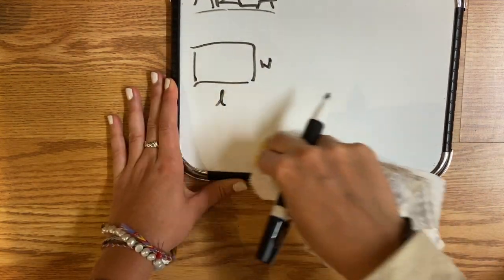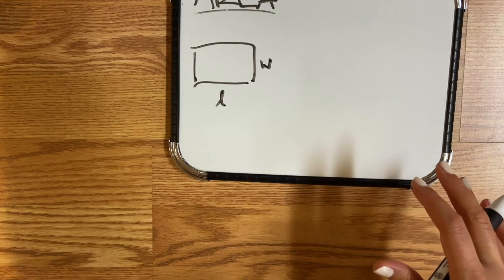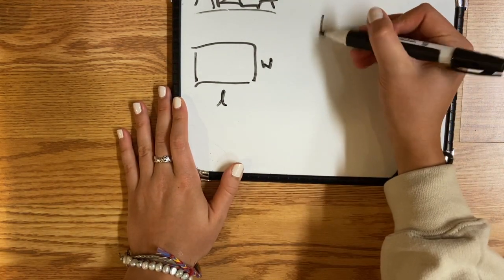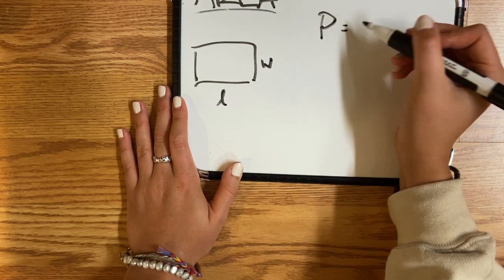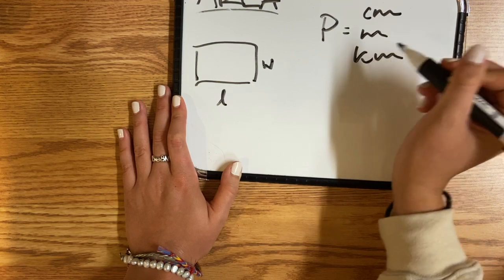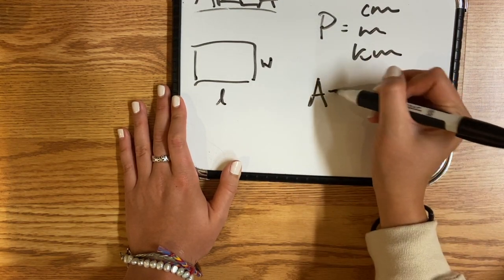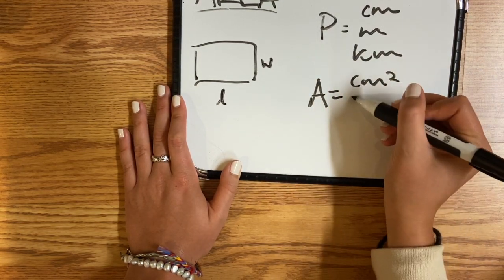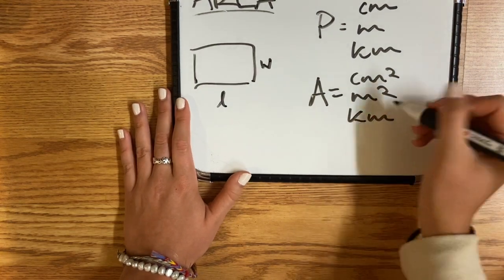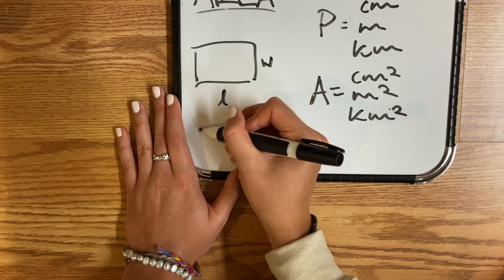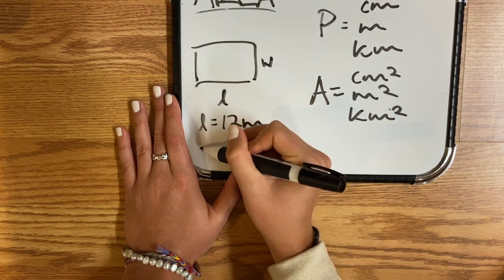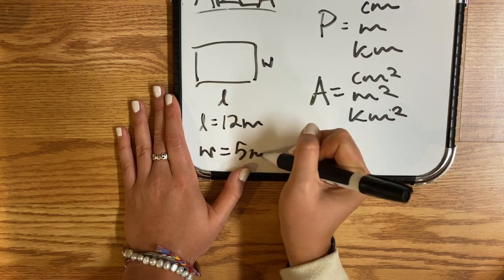One thing I do want you to keep in mind though, when you are finding the area of something, or the perimeter for that matter, perimeter will always be centimeters, meters, kilometers, however much. The area will always be centimeters squared, meters squared, kilometers squared. Because if you look at this, for example, let's say the length is 12 meters and the width is 5 meters.